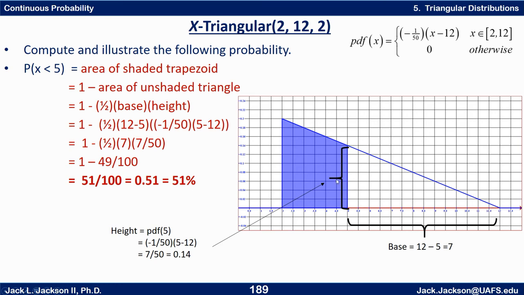So the area of that triangle is 1/2 times base times height. That's 1/2 times 7 times 7/50ths, which is 49/100ths. 1 minus that is 51/100ths. So the part that is shaded is just slightly bigger than the part that's not shaded, at 51/100ths or 0.51 or 51%.